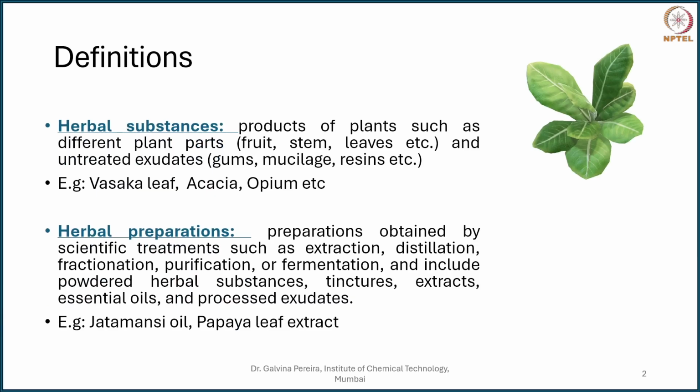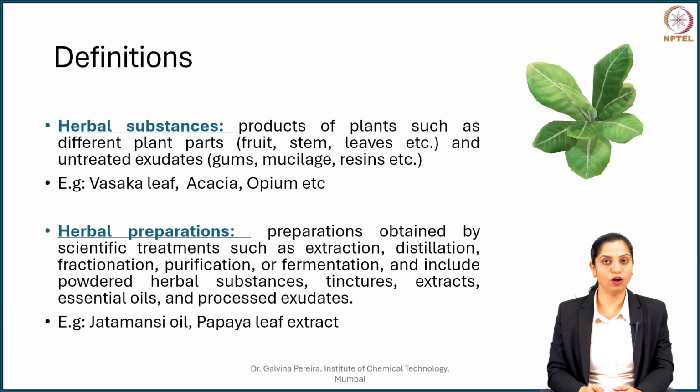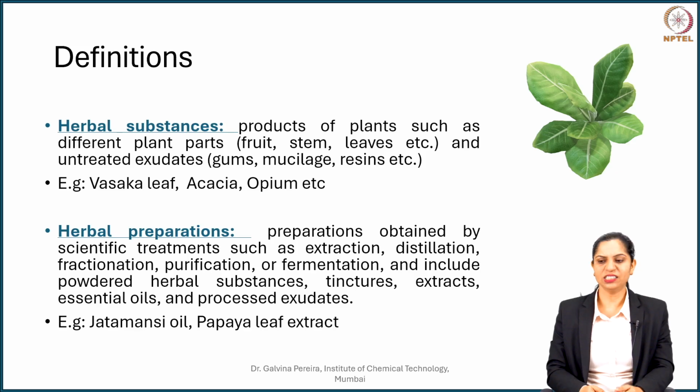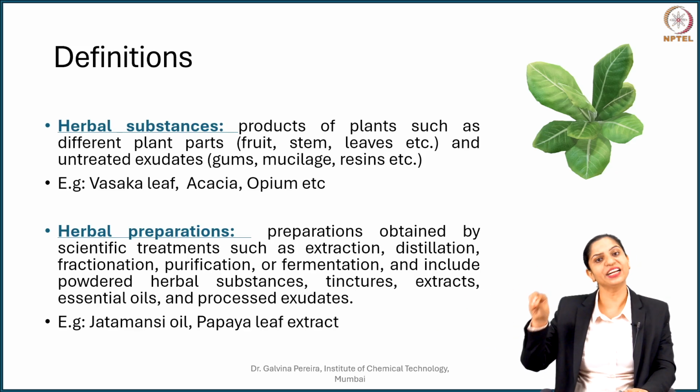So, starting with the herbal definitions, the first substances that we see are called herbal substances. Herbal substances are substances or products which are obtained from plant sources. This can be just plucking it, taking it and drying it.